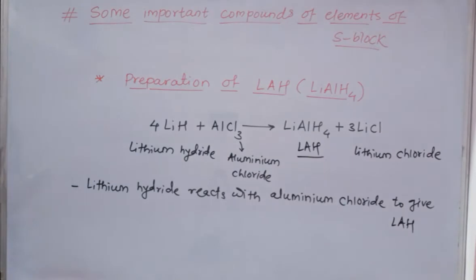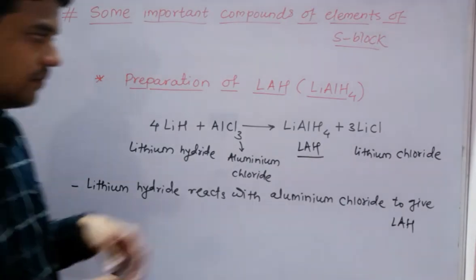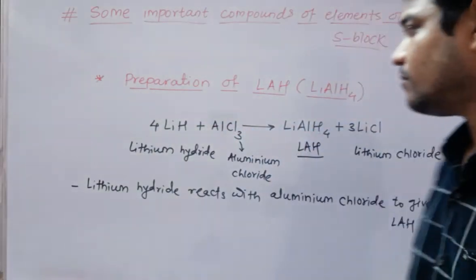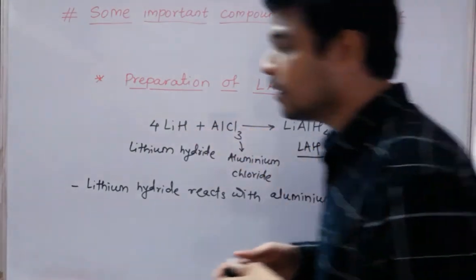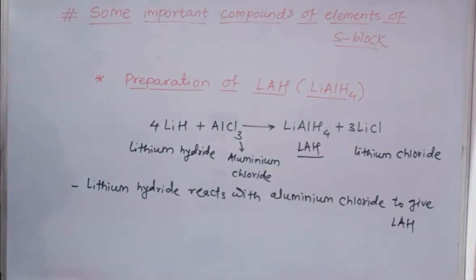Okay, so this is the reaction to prepare lithium aluminum hydride by the reaction between lithium hydride and aluminum chloride. Very simple. Okay, now let's see the properties of lithium aluminum hydride.